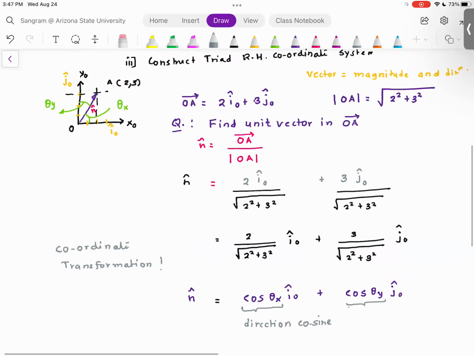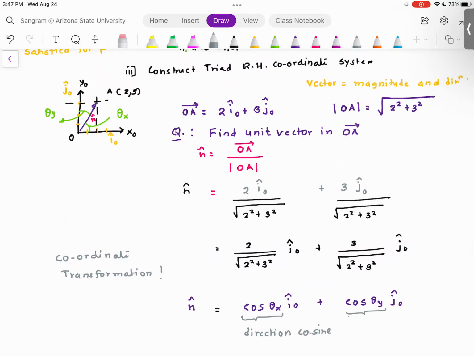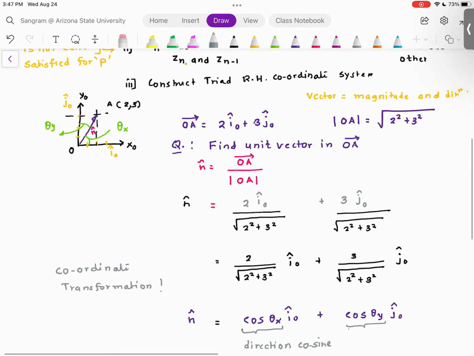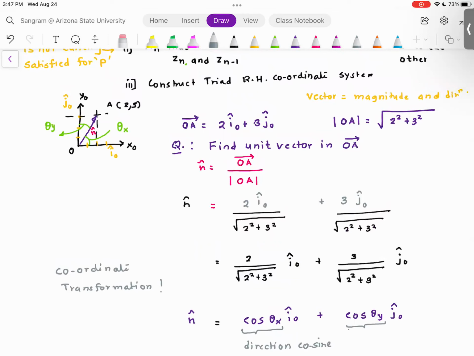So the next obvious question is, we are dealing with the three-dimensional case. Is there a general rule that can be used to perform so-called coordinate transformation when we are dealing with a three-dimensional coordinate system? And the answer to that question is yes. Let me show you something like this.